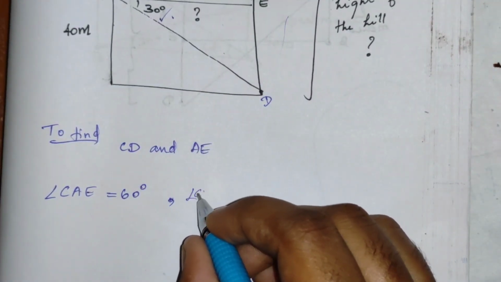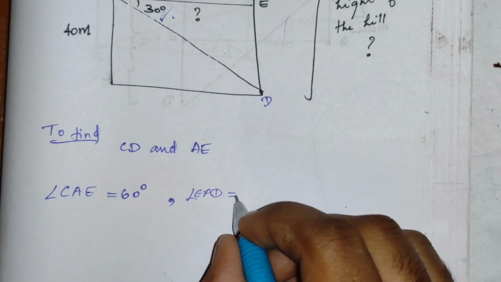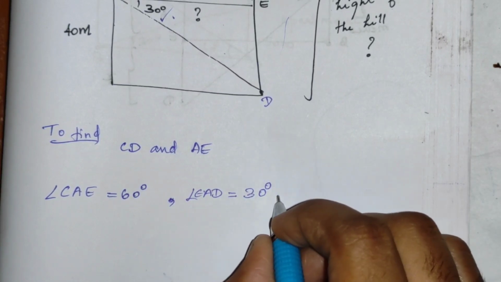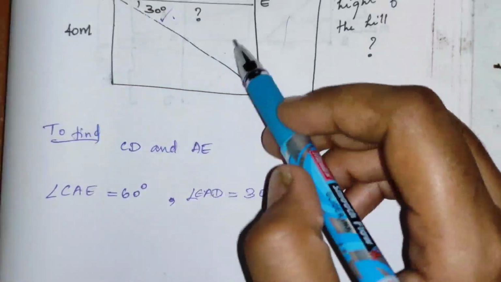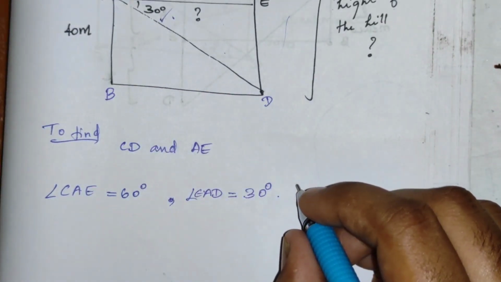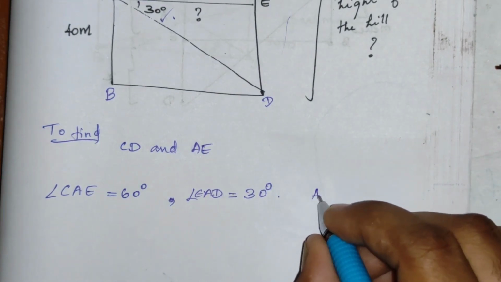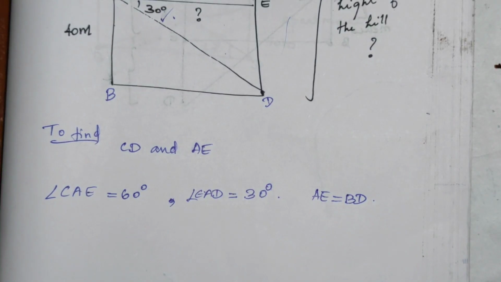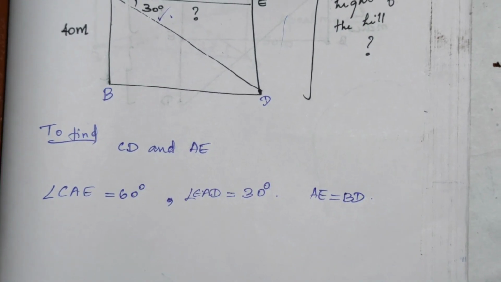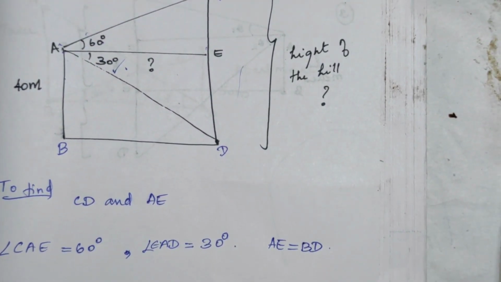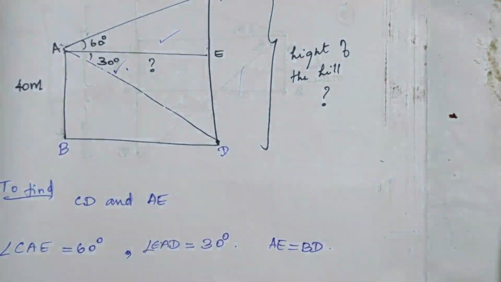Angle EAD is equal to 30 degree. And AE will be equal to BD. So first, what we can do is consider this triangle.